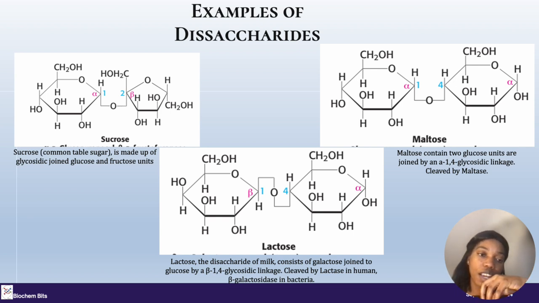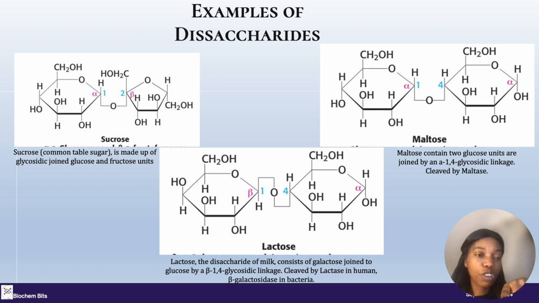Sucrose is made up of two units, glucose and fructose. As I mentioned, if you look at it, there is the alpha 1 and beta 2 linkage. This is the first carbon that is carrying the CH2OH, and then we have the second carbon which is carrying the keto group.